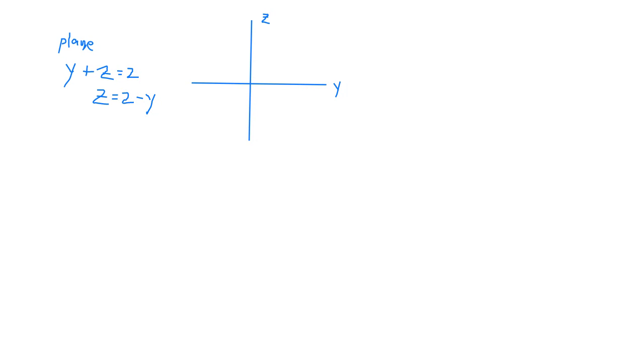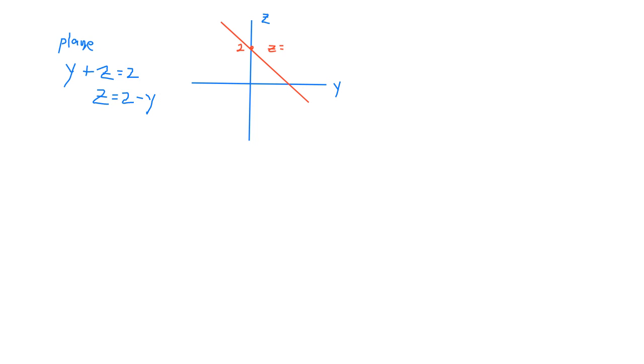Well, z equals 2 minus y. If we were to graph that, I'll show you what I'm really doing here. So this is z.